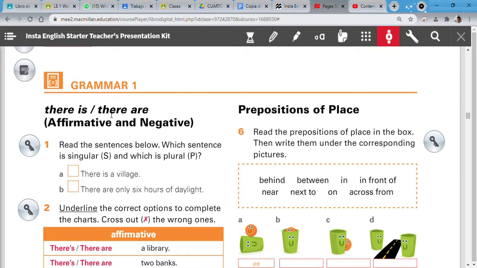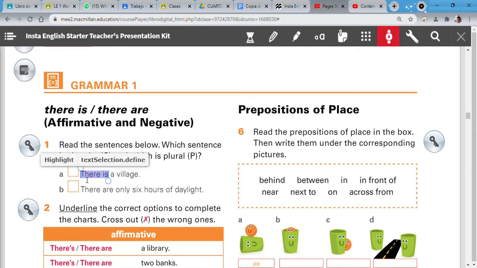This is letter S. This is singular. Why? Because it says there is. And this part helps you to identify singularity or plurality.